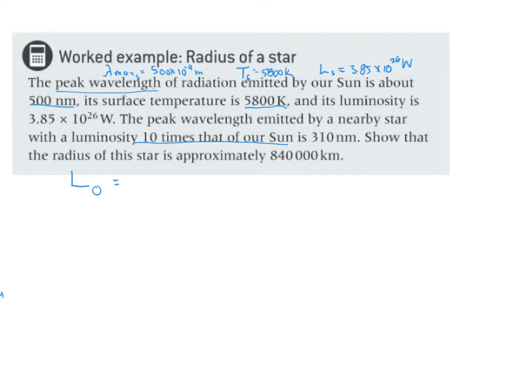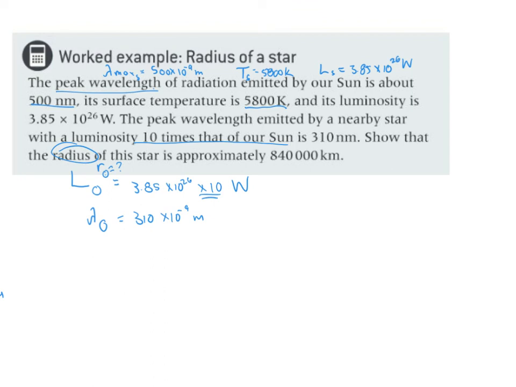So that will be 3.85 times 10 to the 26 times 10, since it's 10 times more. And the peak wavelength for that is 310 nanometers. Show that the radius of this star is approximately 840,000 kilometers.